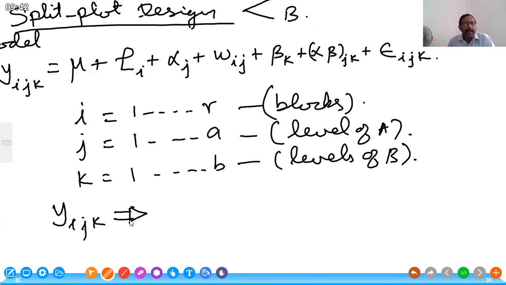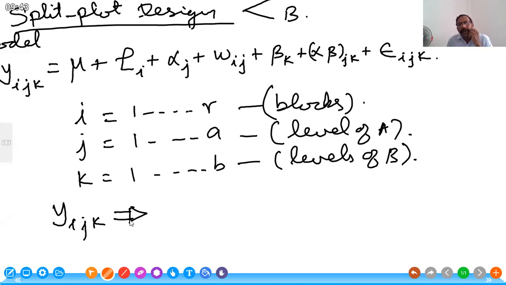What is yijk? We'll start from i. It is the observed value in the ith block.